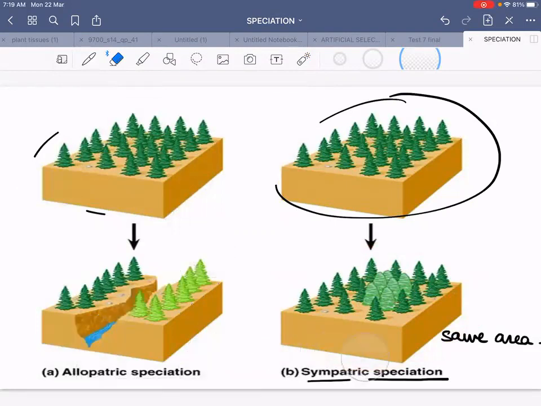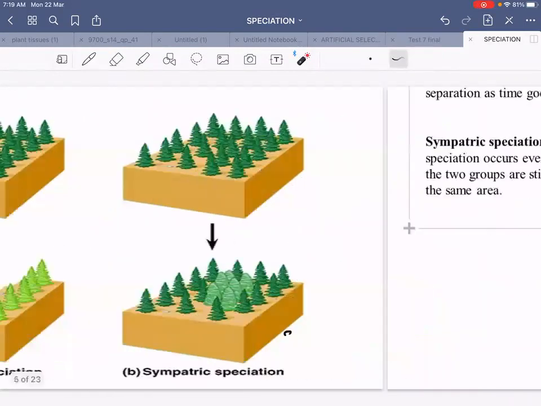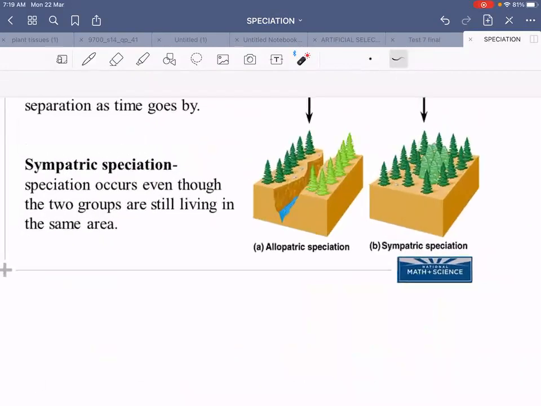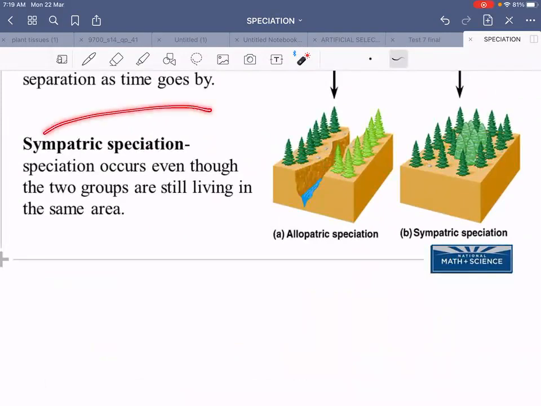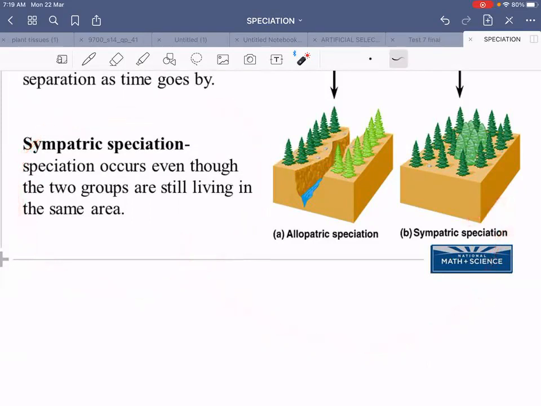Okay, so now we move on to some details about these speciations. As the description says over here, sympatric speciation, which means this one, is the speciation that occurs even though the groups that have shown different characteristics are occupying the same geographical area, right?